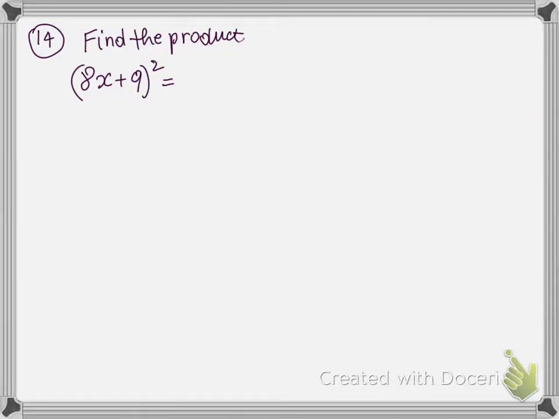In this example, we're asked to find the product. The common mistake that I see students make here is they go ahead and say 8x plus 9, all of it squared.